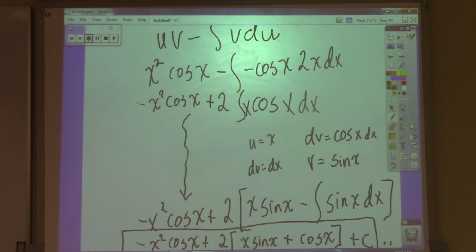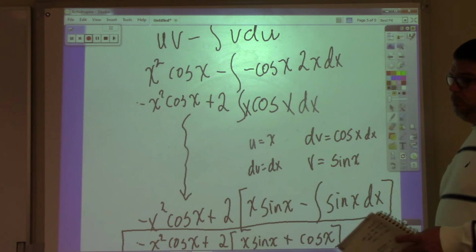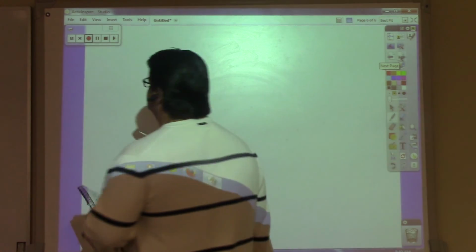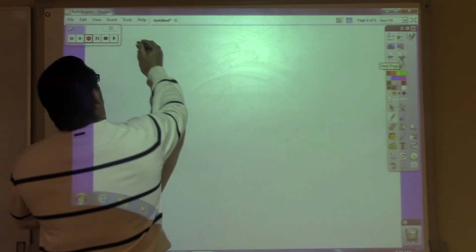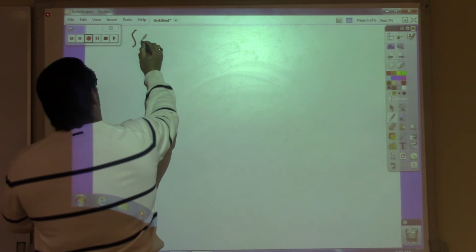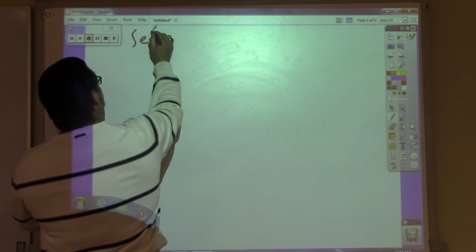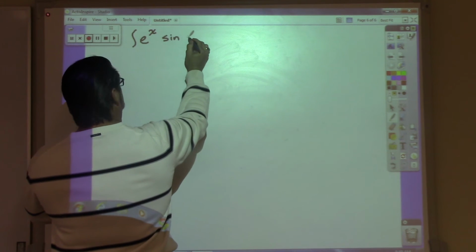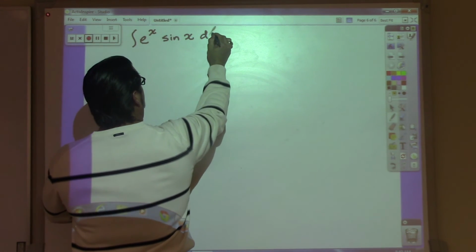See what you can come up with. Antiderivative of e to the x sine of x dx.